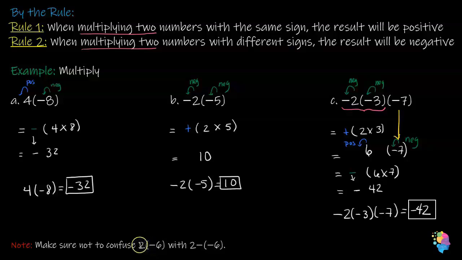When this happens, when the number and the parentheses are next to each other, they're asking us to multiply. Notice on this that between the number and the parentheses, there is a minus. When this happens, what they're asking us to do is this symbol. They're asking us to subtract. So be very careful not to confuse these 2 expressions.